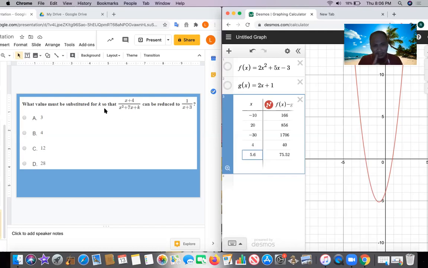Let us understand the question. The question is about k, meaning that these choices here are the values of k. So these numbers will not substitute your x. They should substitute your k.